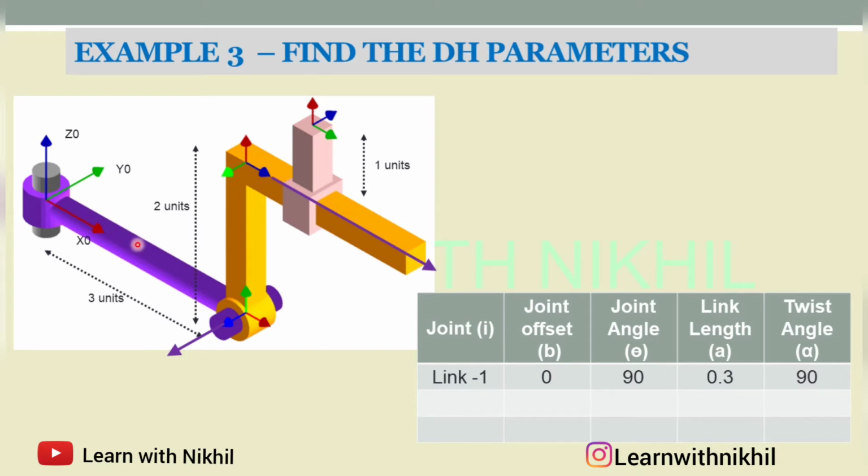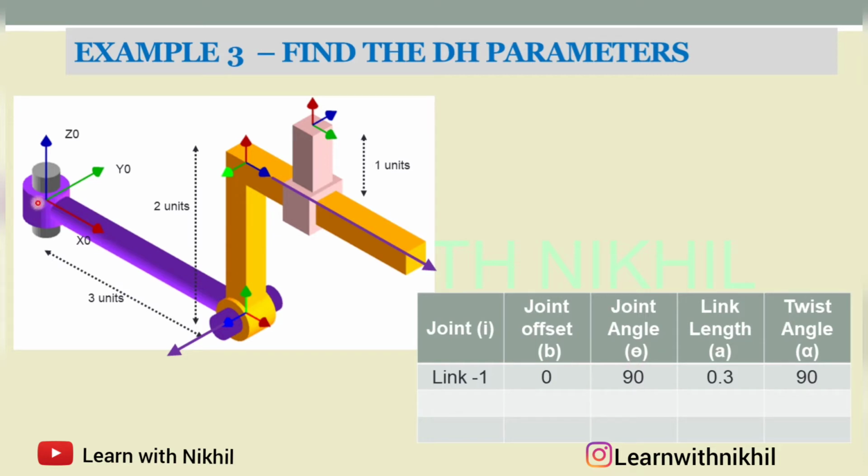To align that, we have to rotate it at an angle of 90 degrees or any other angle. First the x-axis was here, the y-axis was here. So we rotated it about the z-axis by 90 degrees to align the x line along this link. The joint angle is 90 degrees.